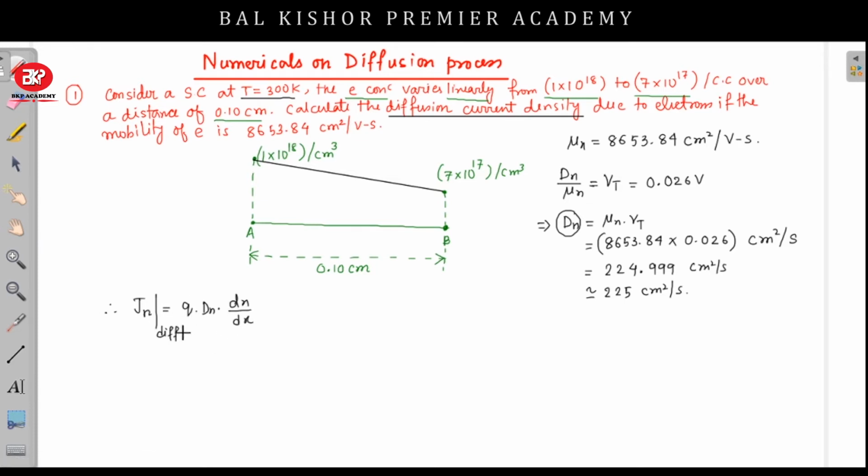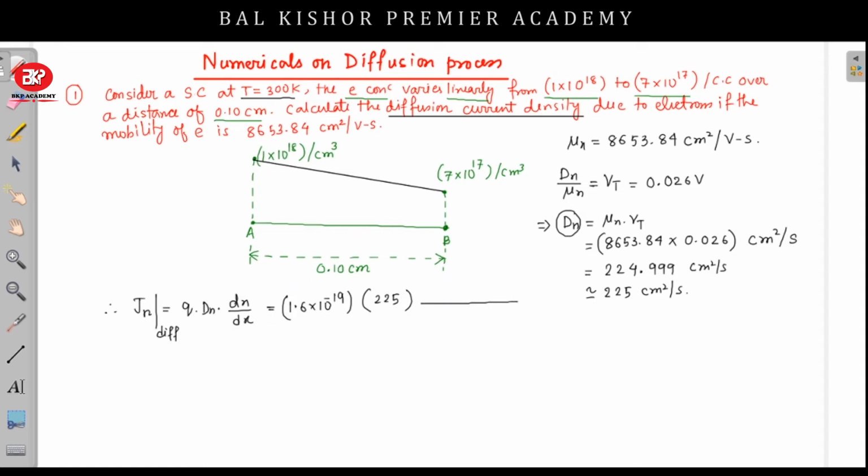Here Q is the electronic charge, Dn is the diffusion coefficient for the electrons, and dn by dx is the electron concentration gradient. So let us put in the values. Q is 1.6 into 10 to the power minus 19, and the Dn value we have calculated is 225 centimeter square per second.